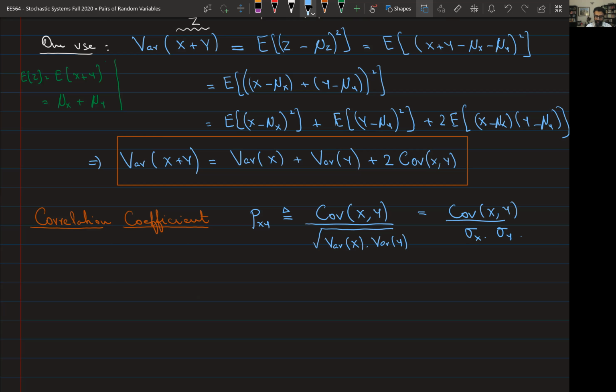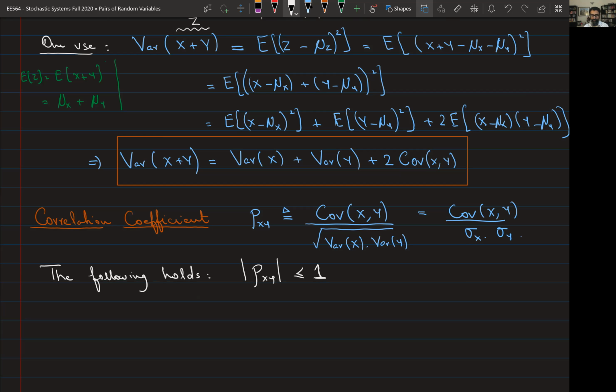An important property of the correlation coefficient is the following, and I'm not going to do a proof here. The proof is there in the textbook. The absolute value of the correlation coefficient is always less than or equal to 1, always.